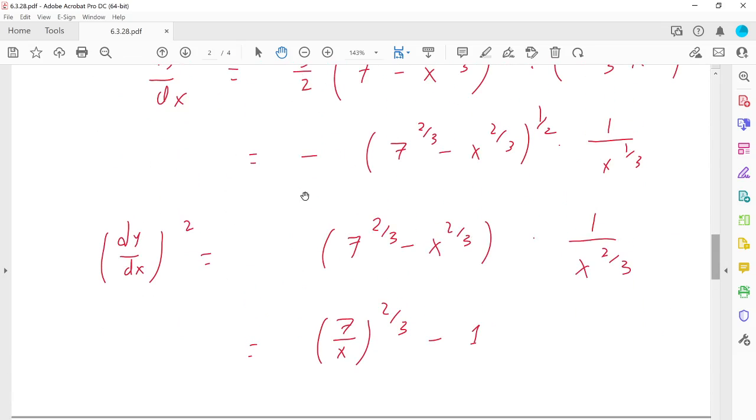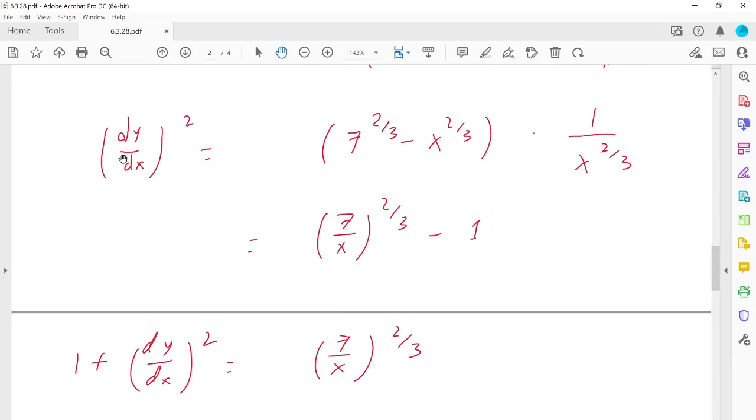As you can see, the square of the negative sign is positive, the square of the square root is just 1, and the square of x^(1/3) is x^(2/3). Now I can distribute this 1 over x^(2/3) here. That gives me 7^(2/3) over x^(2/3), minus 1.